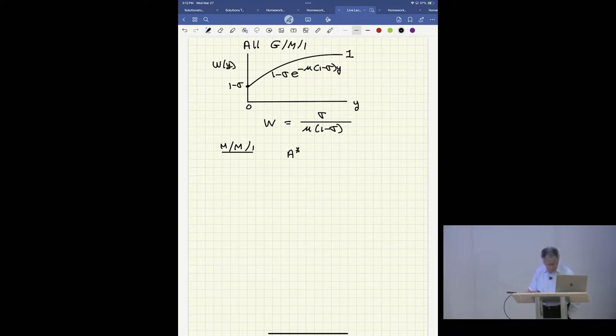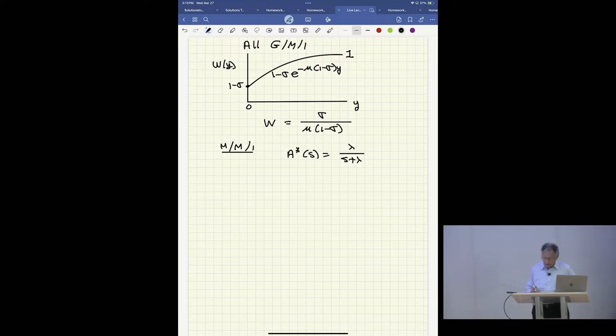So A star of S is simply equal to lambda over S plus lambda. Sorry, it's not mu, it's lambda. We use notation lambda for the interarrival time density.